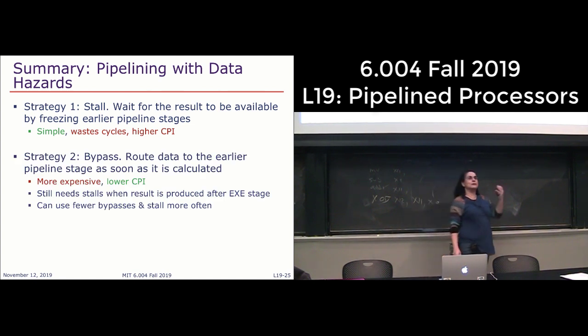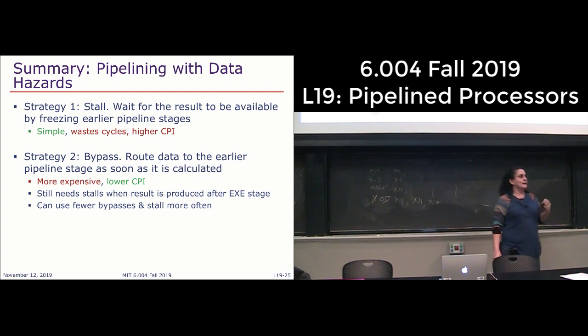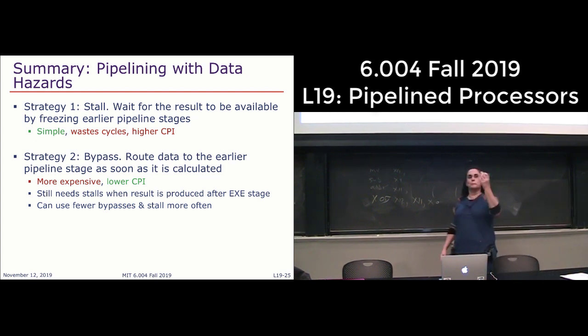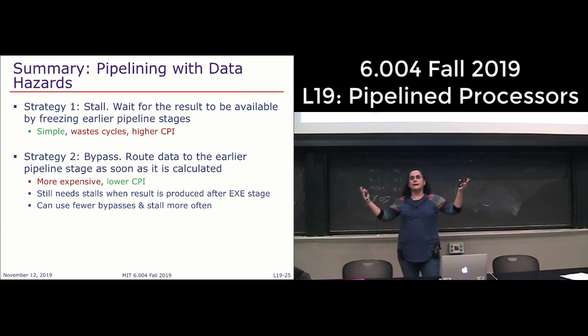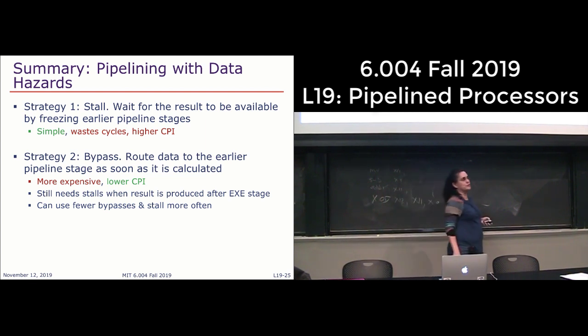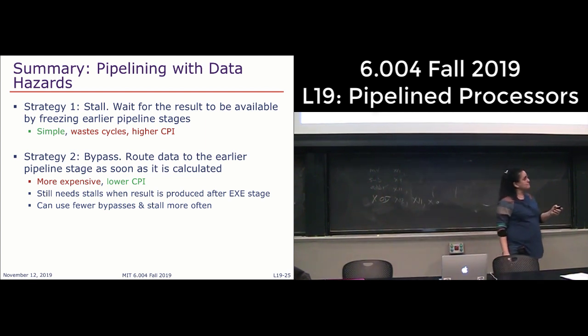Here, as soon as the value that you're trying to fetch is available somewhere in your data path, you pass it to the decode stage. This is great because you're able to have your pipeline be more filled and thus lower your CPI, but of course it's more expensive because these are huge wires and very large multiplexers that we're adding to our pipelined processor in order to support bypass paths.